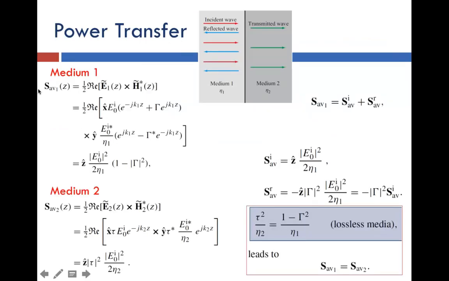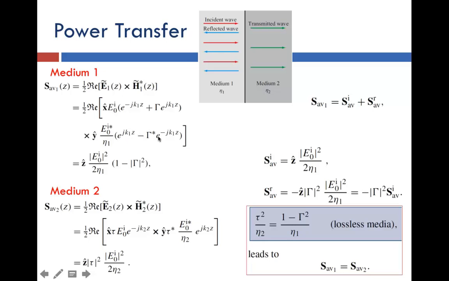Power transfer: if you recall from chapter 7, the average power transfer is 1/2 of the real component of E crossed with H star. That's from the last section of chapter 7. So if we look in media 1, E has two terms, the incident part and the reflected part, and H has two terms as well.